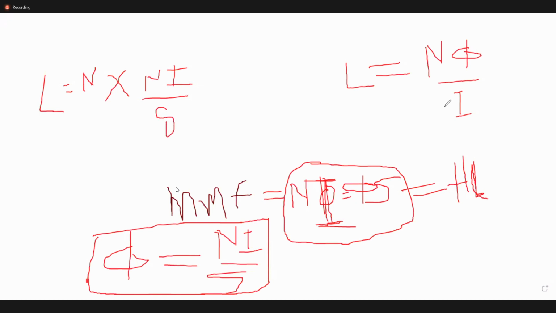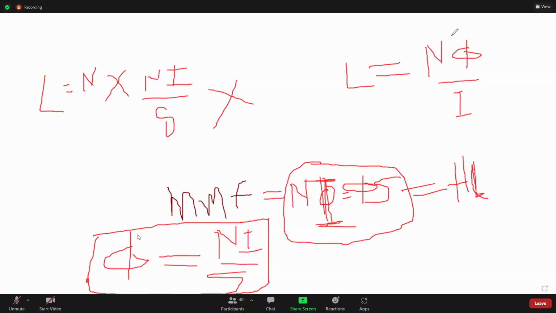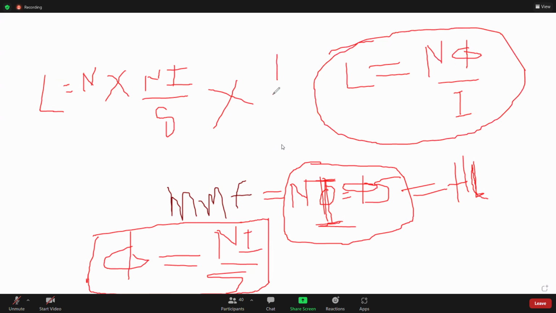We have replaced this phi by putting the value of phi from the formula of MMF, Ni by S, into this I. See, we have kept the value of phi here in this equation number 1. L is equal to N phi by I into 1 upon I.